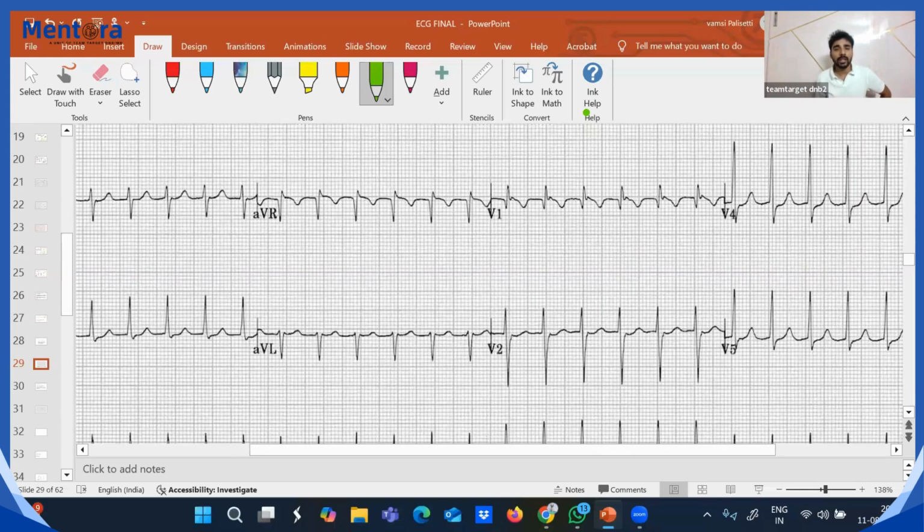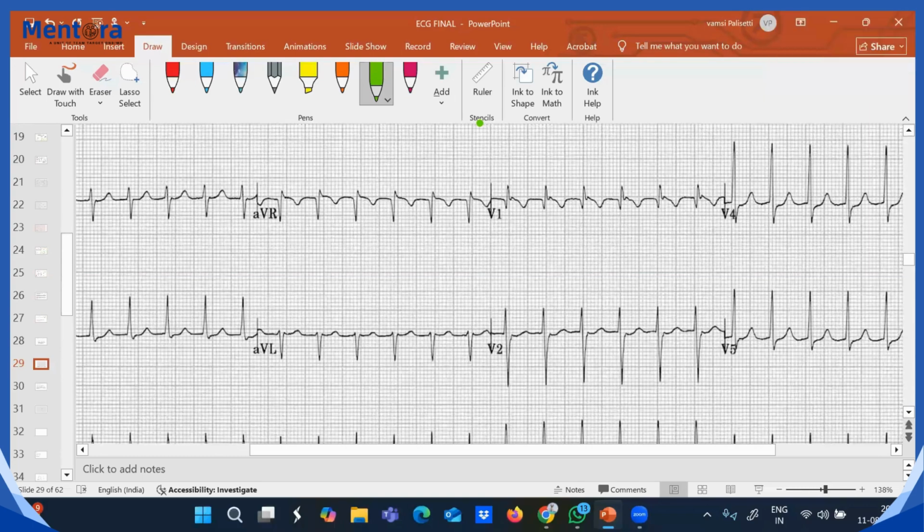This is your QRS, and a small deflection is there at the end of the QRS complex. And similarly in V2 also, a small deflection at the end of every QRS complex. That is your P wave getting submerged in the QRS complex or just after it. Your RP interval is very, very short. That is called slow-fast type of AVNRT.